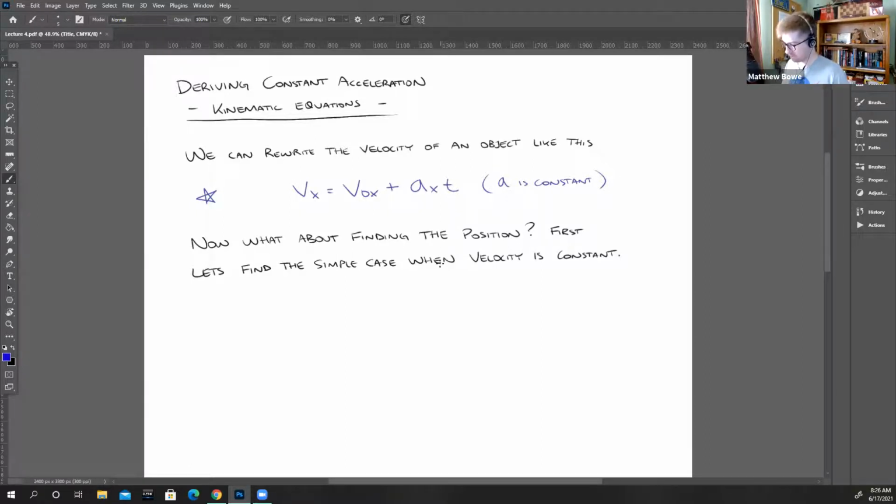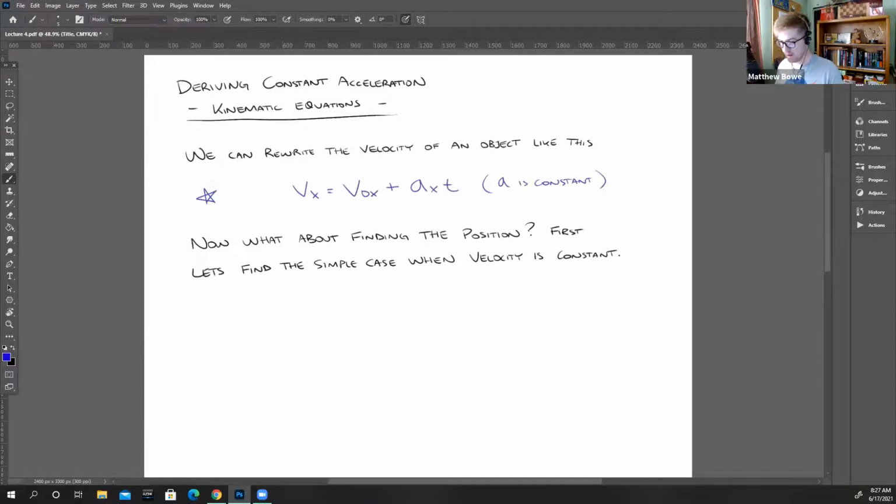What if we want to find the position? How far does this object move while being accelerated? I can do this with some graphical answers.